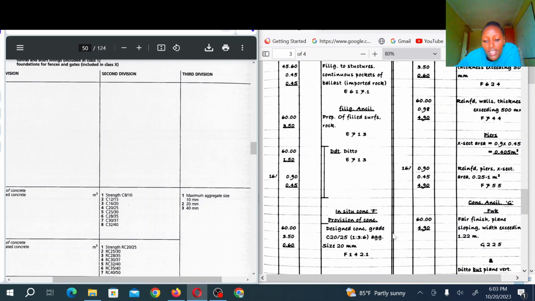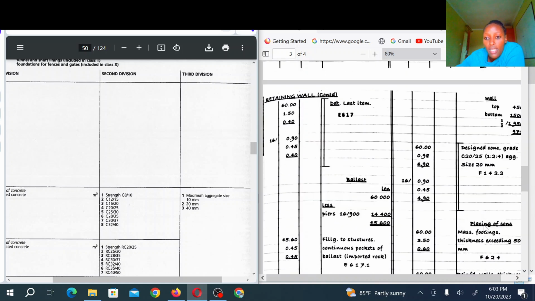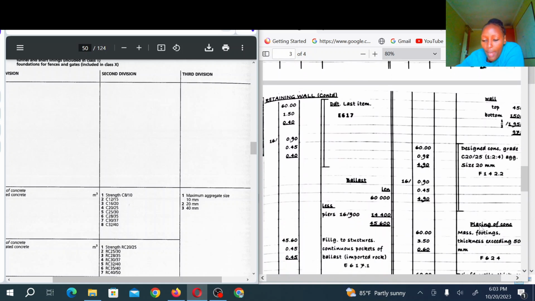So designed concrete grade class 20 stroke 25, aggregate size 20 millimeters. The code will be F142. Then this shall be .1 because there is a .2. There's still another designed concrete grade 20 stroke 25, aggregate size 20 millimeters in the next part.